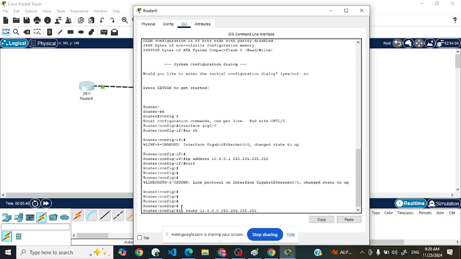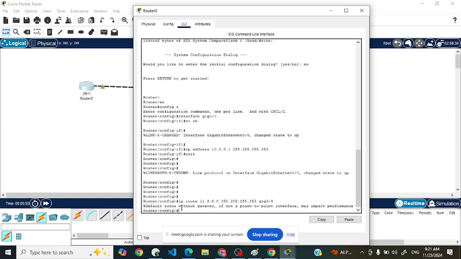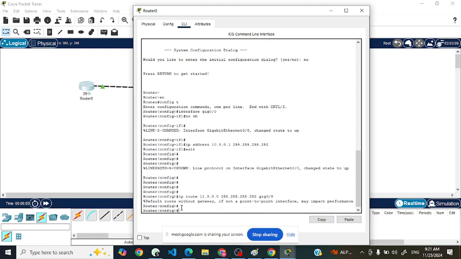I am telling this router that you only need to send the packet by gig 0/0. Is it clear, guys? Yes, sir.